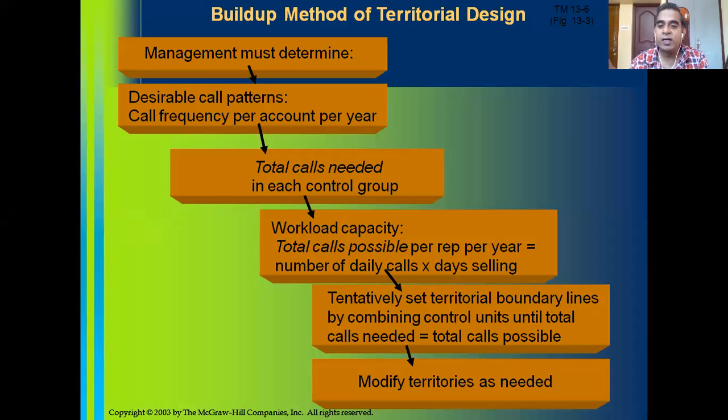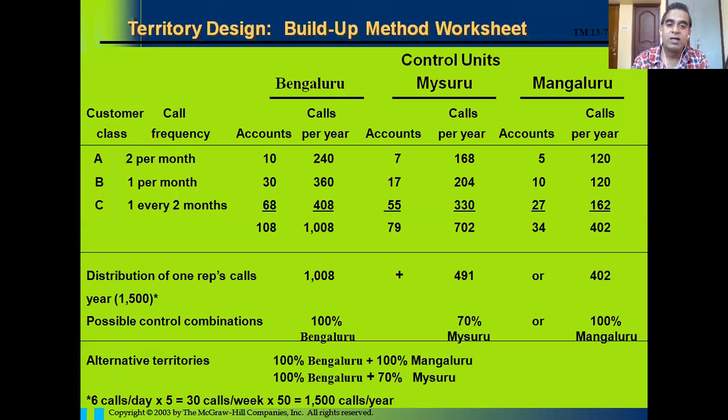Once you set the territorial boundary lines, where the total sales calls needed are equal to total calls possible, and you allocate the territory to sales representatives, they will go on working. Let us say the sales calls in Bengaluru increase to close to 1,500.